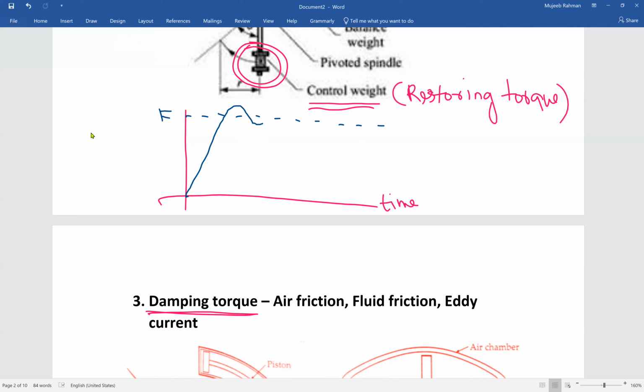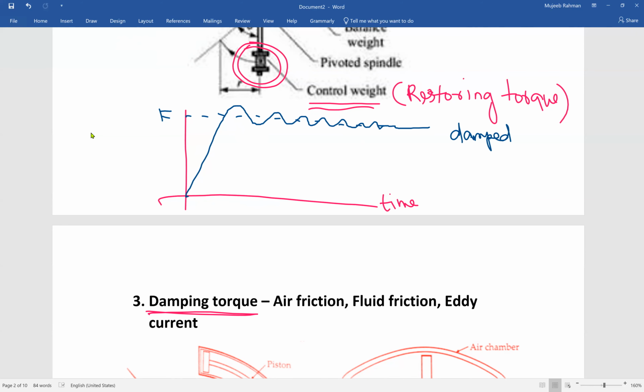It returns back, and slowly the oscillations get lesser and lesser, and finally it reaches the final steady state position. So there are oscillations, but these are damped oscillations. This is one kind of response.